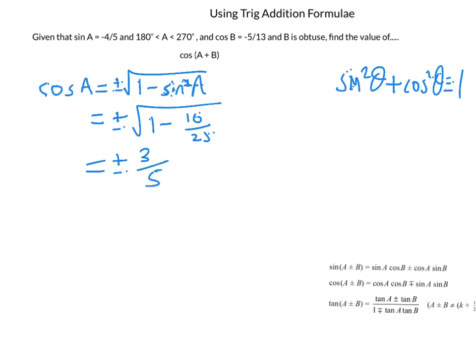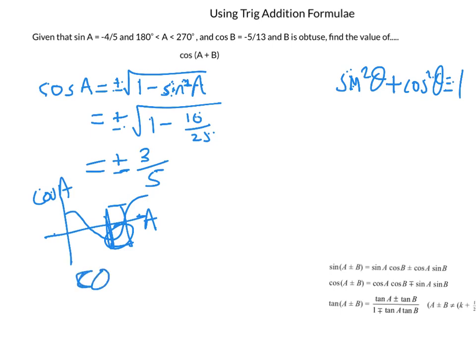Well, is it positive or is it negative? We know that A is between 180 and 270, which is this bit of the graph. Cos is clearly negative between 180 and 270. So I could say, okay, cos A equals negative 3 over 5.